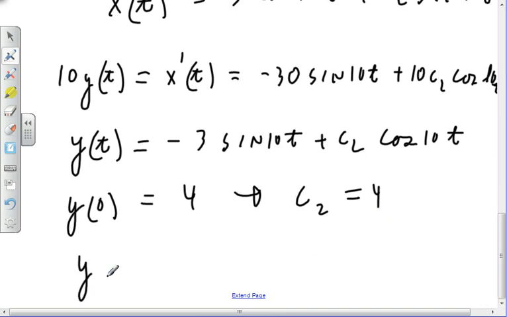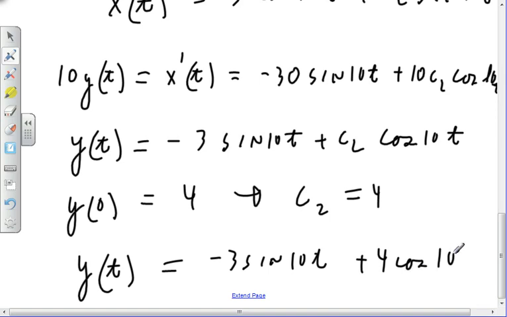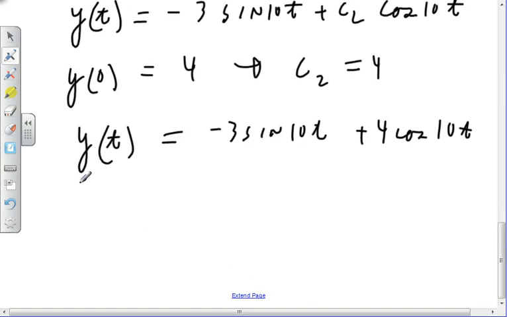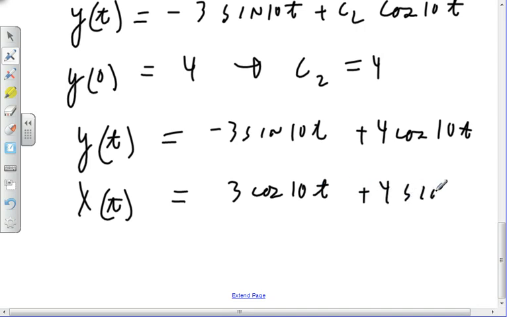So now I've got y of t is equal to minus 3 sine 10t plus 4 cosine 10t, and x of t is equal to 3 cosine 10t plus 4 sine 10t.